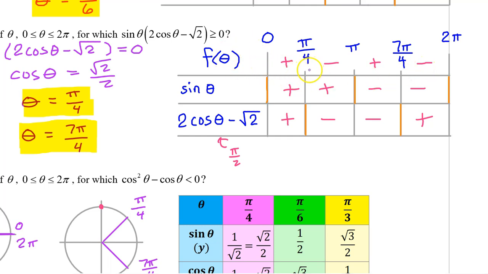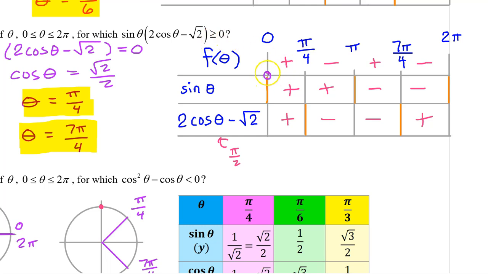However, I need to start by considering whether the critical values, shown here in blue, will be included in the solution set. At these 5 critical values, f of theta is equal to 0. Should those be included? Well, in this case, yes. F of theta is to be greater than or equal to 0.